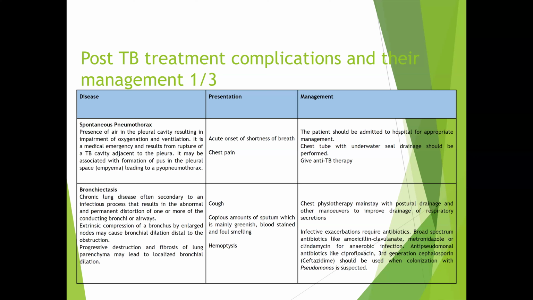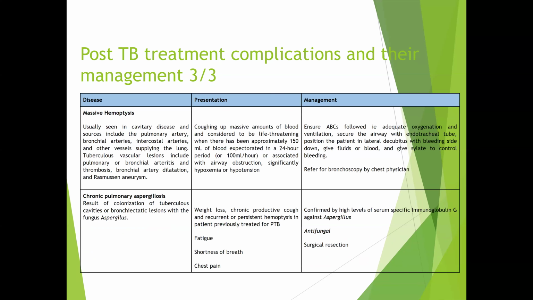For pseudomonas, antibiotics like ciprofloxacin and later generations of cephalosporins should be used when colonization with pseudomonas is suspected, because the lung is not well aerated and most infections will set in. Even the normal flora will rise up and cause a lot of problems, and the same patients will have repeated pneumonias and chest infections.